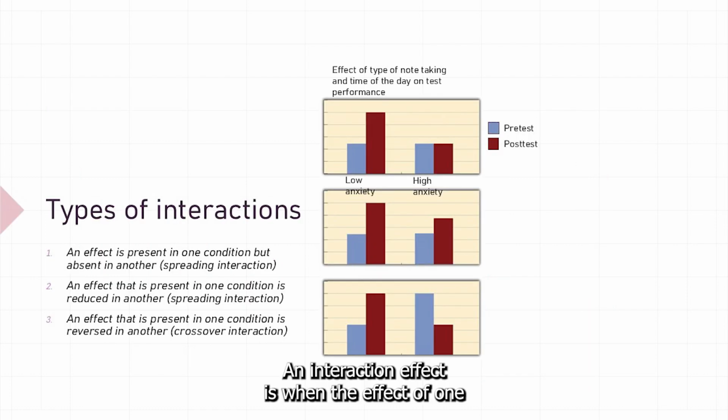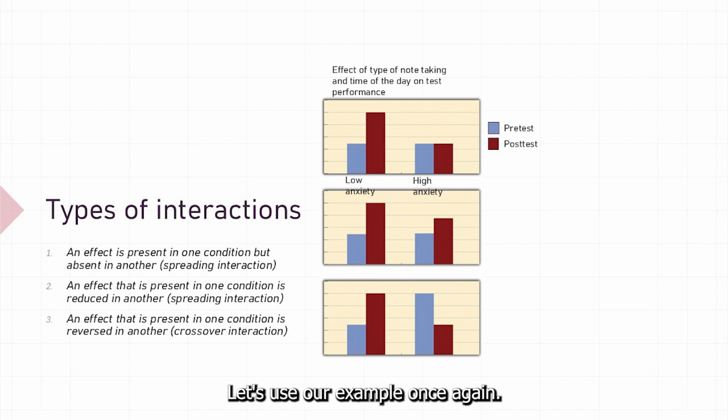An interaction effect is when the effect of one independent variable depends on the level of another. Let's use our example once again. It can be that the effect of type of note-taking on learning effectiveness depends on the time of the day.